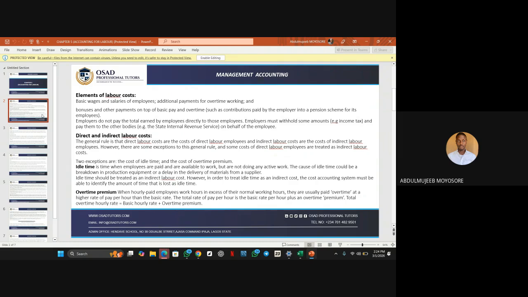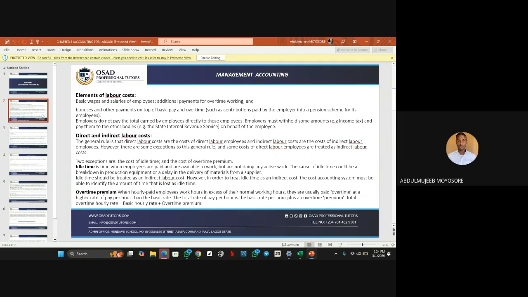Now, apart from wages or salary, there are additional overtime payments and all that, which are calculated also. So basic wages and salaries of employees, additional payment of overtime working and bonuses, and other payments on top of basic pay and overtime, such as contributions paid by the employer into a pension scheme for its employees. Employers do not pay the total earned directly to the employees.